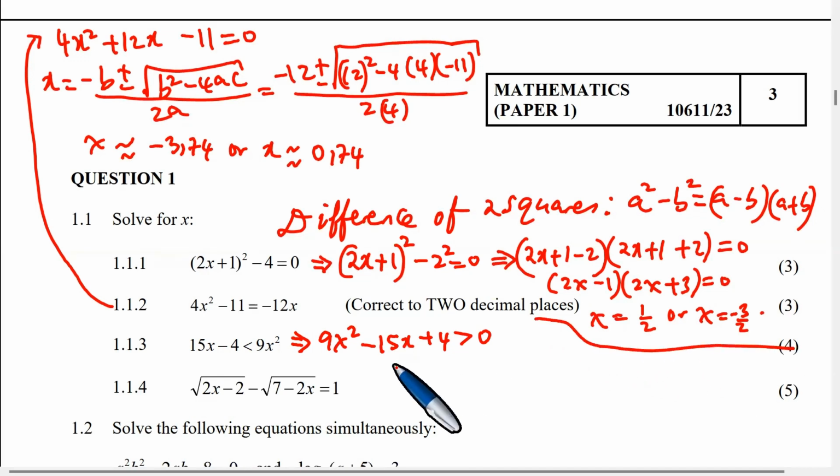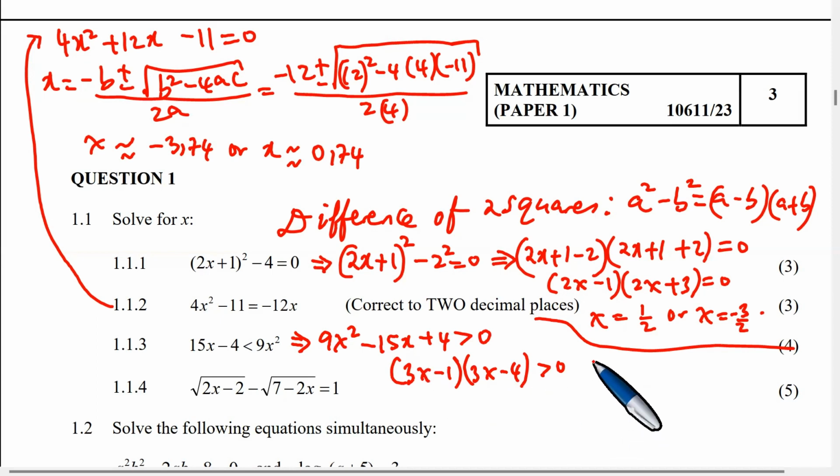Right. What is this? We're able to factor this out. What are the factors of these? The factors are clearly 3x minus 1 into 3x minus 4 is bigger than 0.